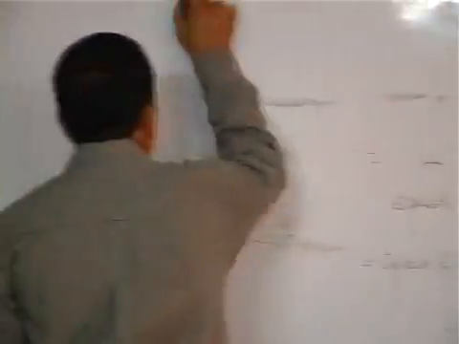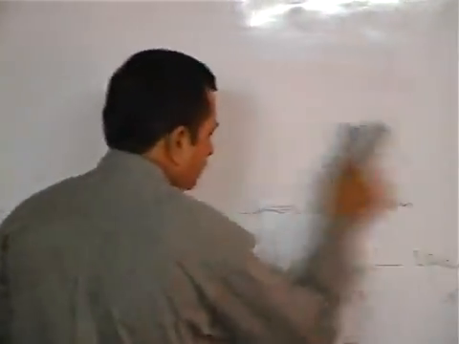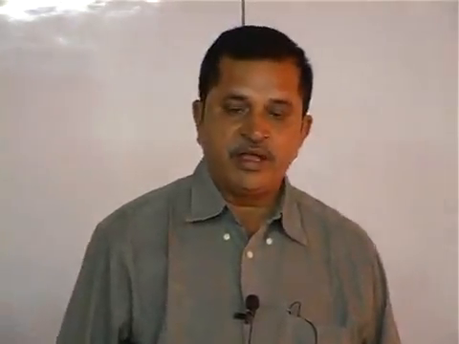Read the problem once. He has neither mentioned the speed nor the time and not even the distance. What is it? Walking at 4 by 5 of his usual speed, a man is 10 minutes late.